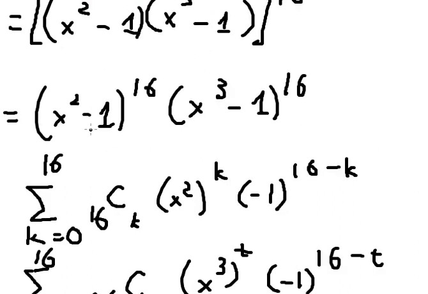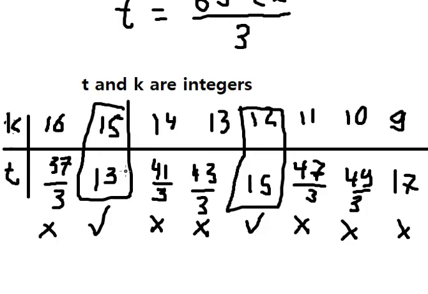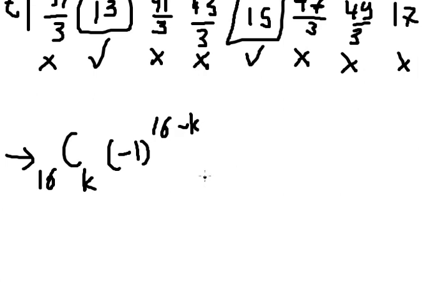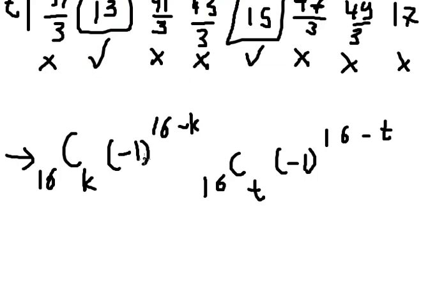Because the two factors multiply each other, and we want to find the coefficients, now we just have it like this. So we put k and t in here.